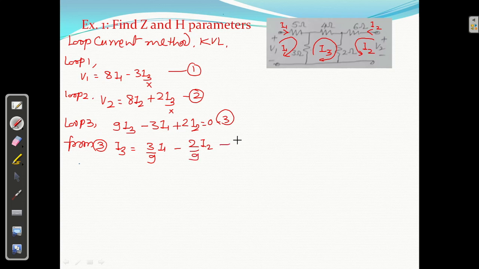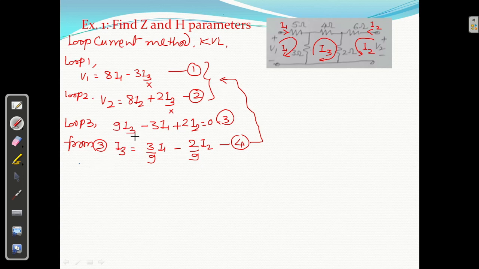This is equation number 4. Clear? And we will put the value of 4, that is I3, in equations 1 and 2.